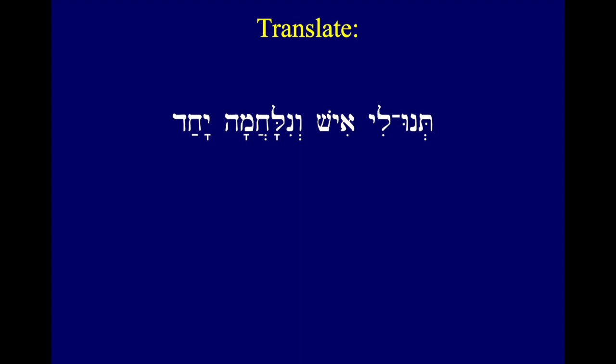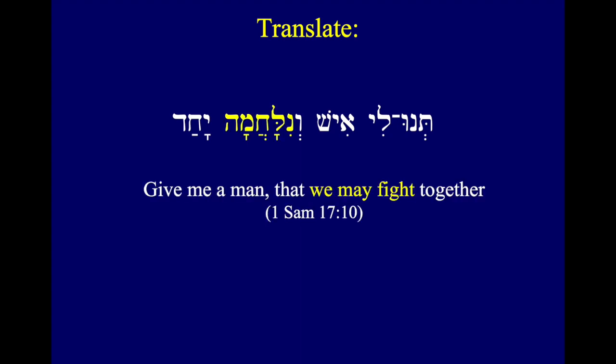V'nilchama yachad. So do you see your Niphal triangle there? Nilchama. So lacham is that same root to fight that we saw in the last one. But imagine if we've got this, we have the Niphal triangle, and then we also have a noon added to it. This is our imperfect.